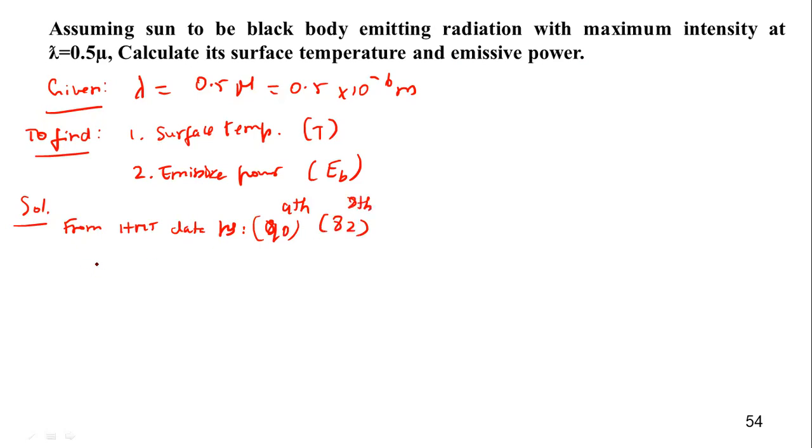So the formula is given for Wien's displacement law: lambda max into T is 2898. The value is given as a maximum intensity, so we take the given wavelength as the maximum wavelength, 0.5 into 10 power minus 6.